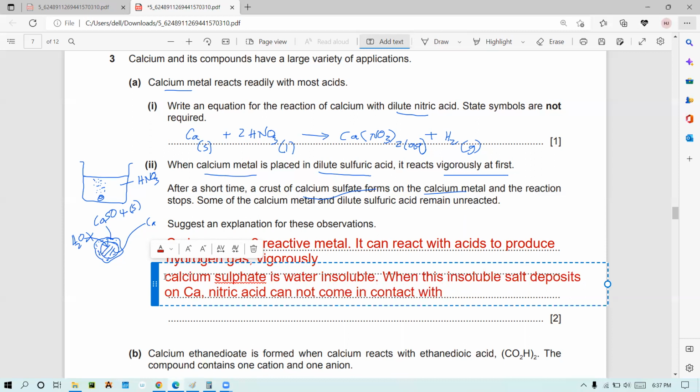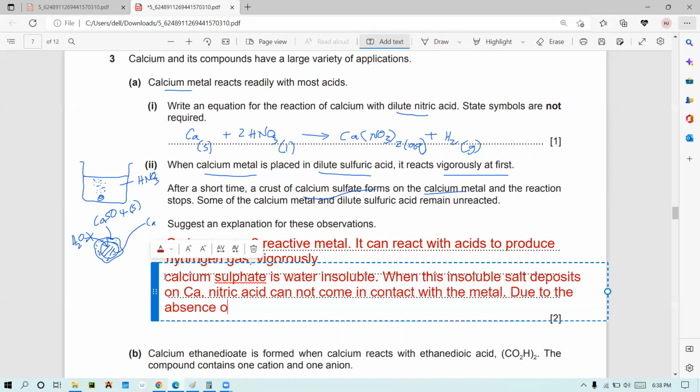Nitric acid cannot come in contact with the metal. Due to the absence of collisions, reaction stops.